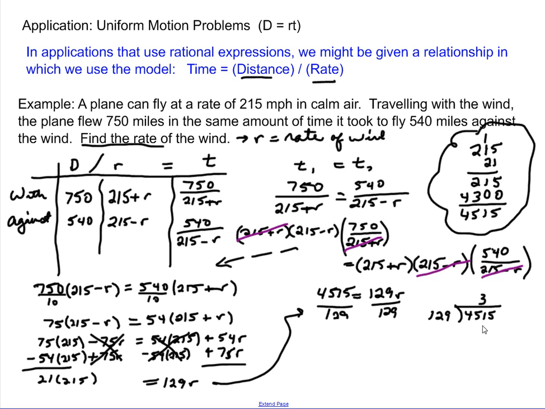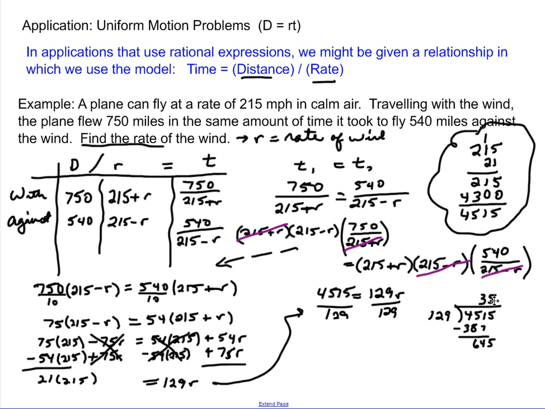3 times 9 is 27. Carry the 2. 3 times 2 is 6 plus 2, that's 8. 3 times 1, that's 3. Yeah, 129 would be way too much right here, and we have to subtract. When we subtract that out, we get 64 right here, and then we bring down the 5. How many times will 129 go into 645? Well, I notice that the number ends in a 5, and so my only possible choice right here is a number that ends in a 5.